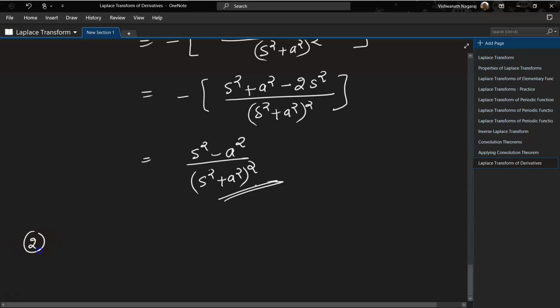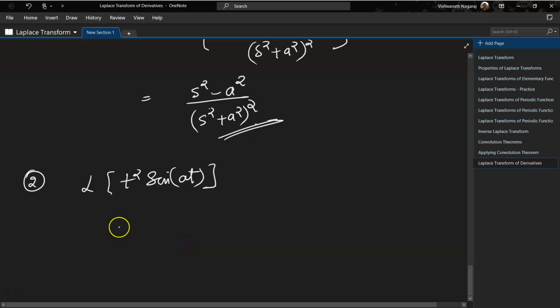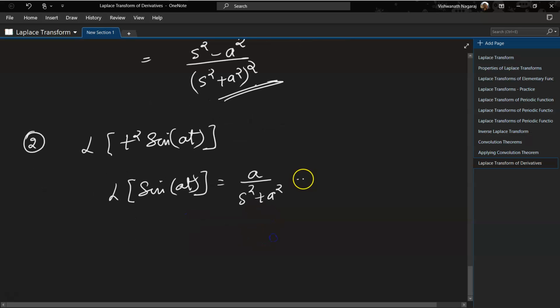Now let's try to figure out the Laplace transform of t square sine at. So Laplace of sine at is a by s square plus a square, let's write it as F of s.